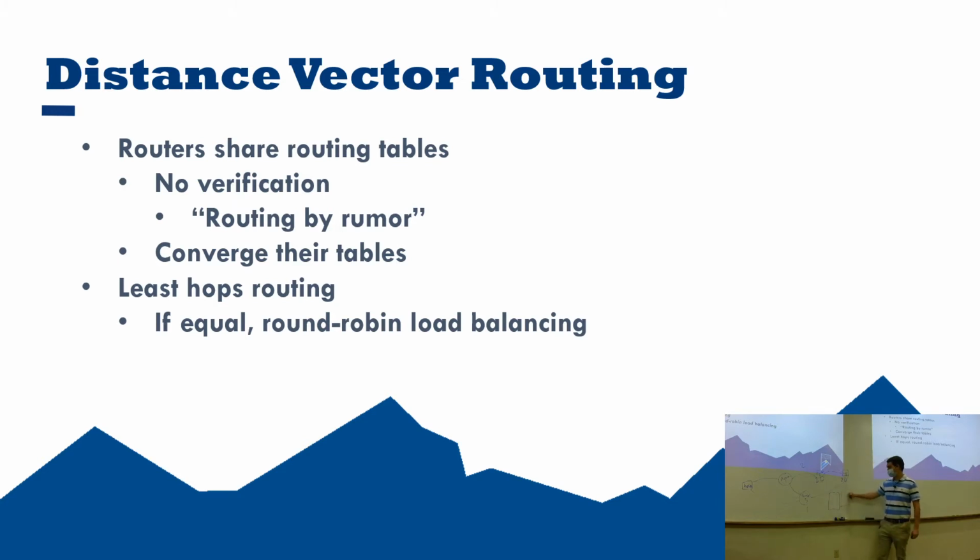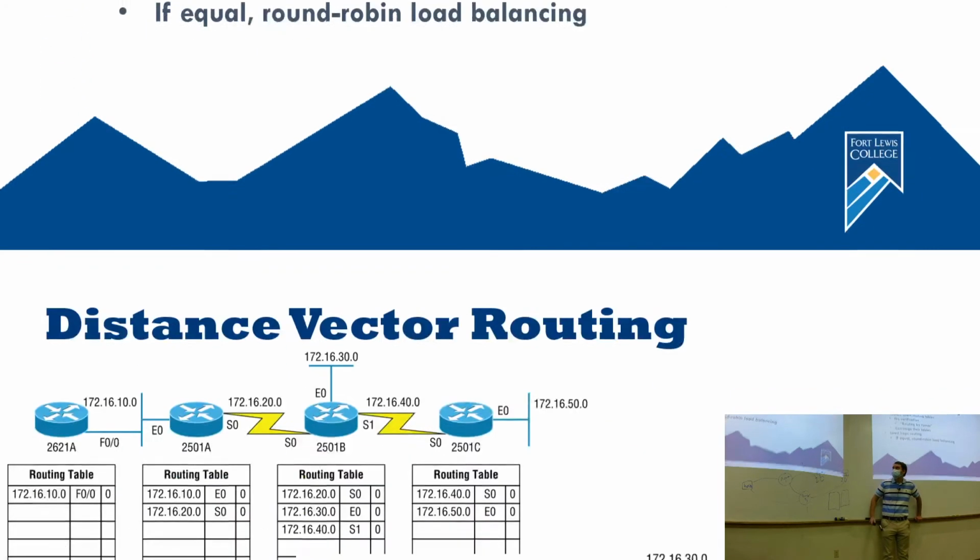So that's why the no verification is a big problem, because if one router says something, it gets pushed to all the routers. Does that make sense? So we'll see an example of that. But basically, this is going to use the least hops as well. So if there's a case where it's equal, round robin load balancing, sometimes it's going to go one way, sometimes it goes another way.